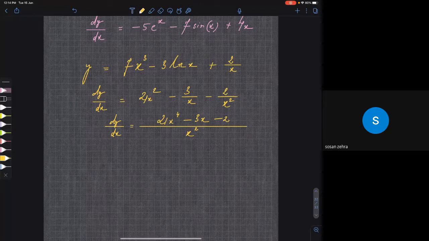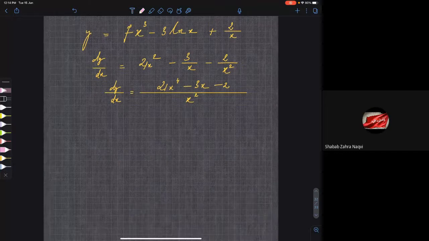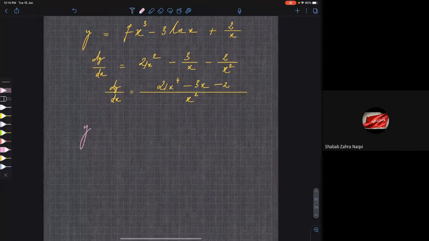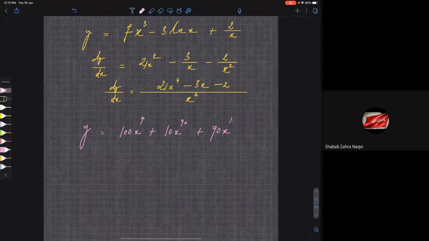Okay. Yes, sir. Last one more example let us do. y equals 100 x power 9 plus 10 x power 90 plus 90 x power 10.